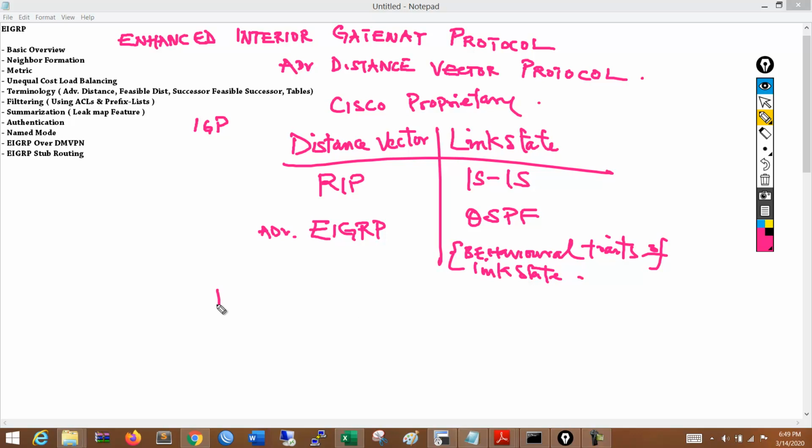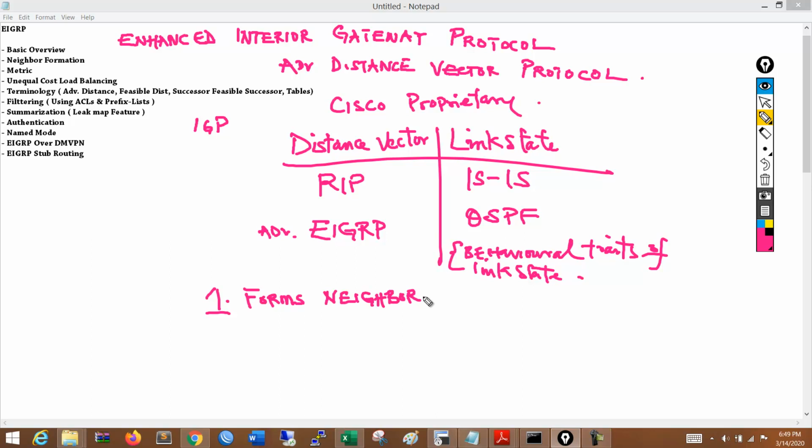So for example, one is that EIGRP forms adjacencies. It forms neighbors.